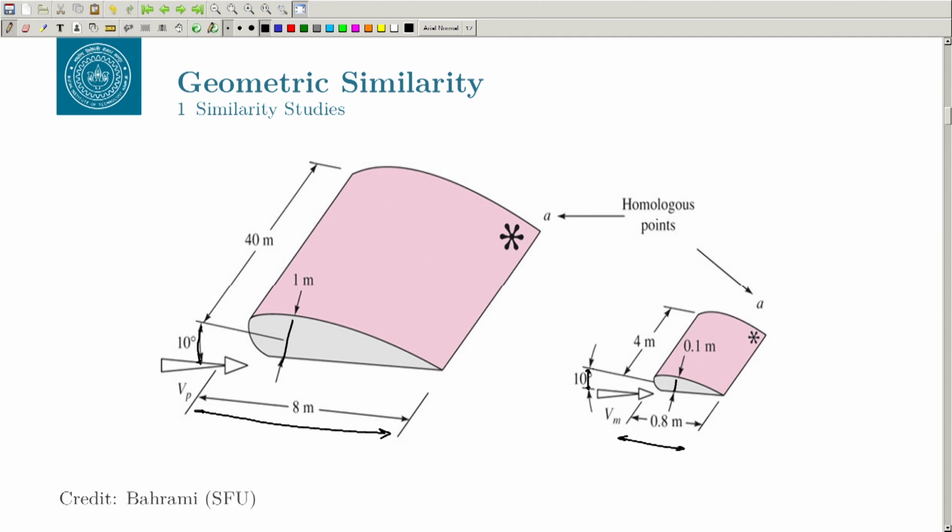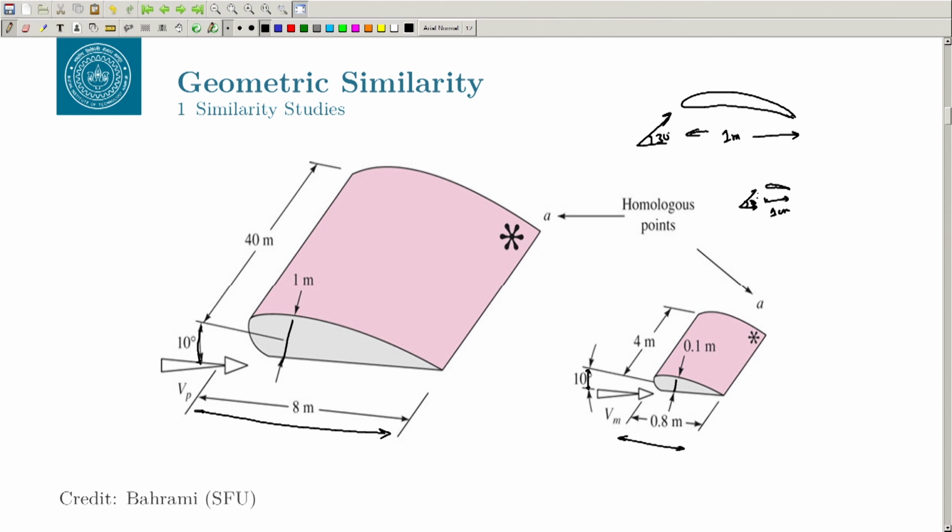Let us say you have an aerofoil like this, with a chord length of 1 meter, at an angle of attack of let us say 30 degree, and you are trying to have a geometric similarity of 1 by 100. Then you will have a small aerofoil, which is 1 centimeter, and the angle of attack should be the same, which is 30 degree.